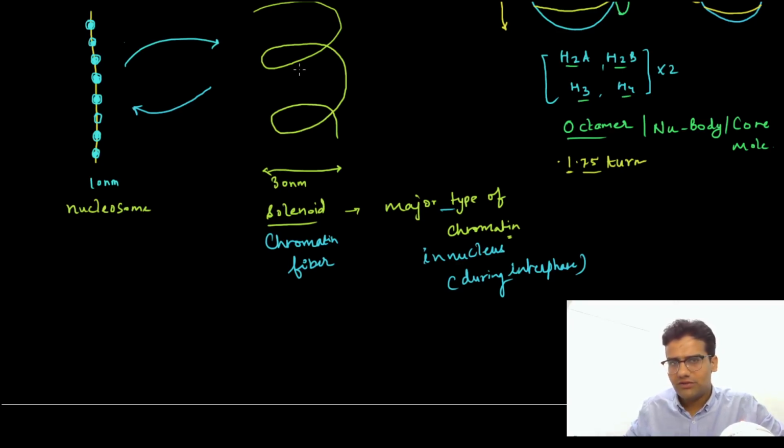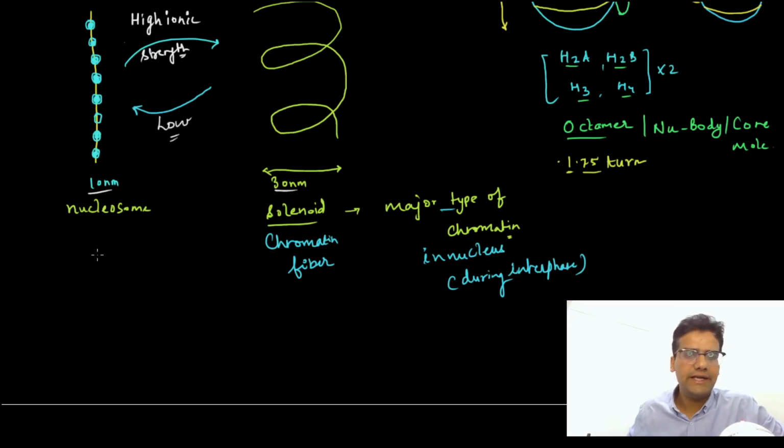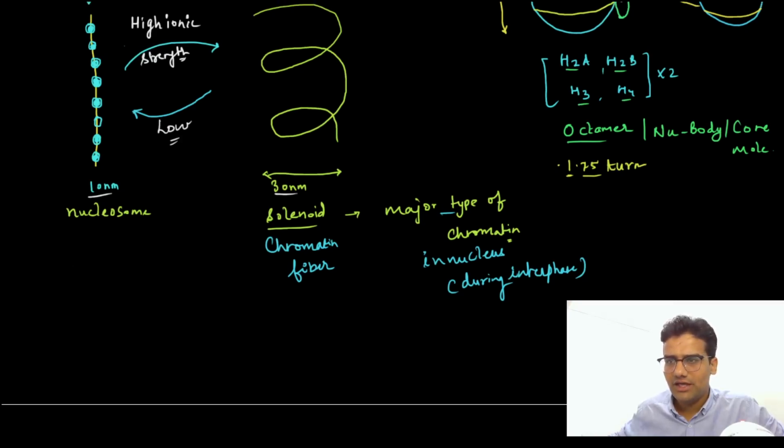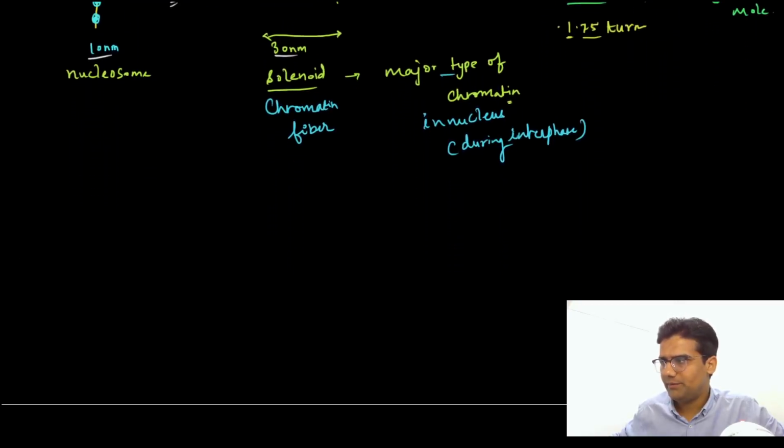If there is high ionic strength, the 10 nanometer fiber is converted into a 30 nanometer fiber. If there is low ionic strength, the 30 nanometer fiber is converted back into a 10 nanometer fiber. And this is the major form of the chromatin present here.